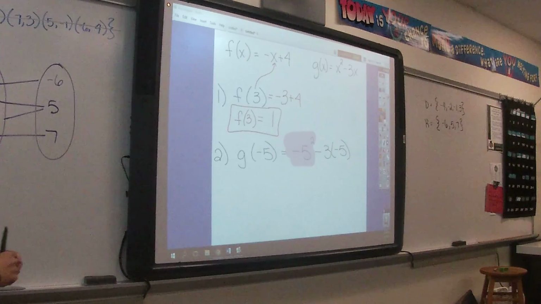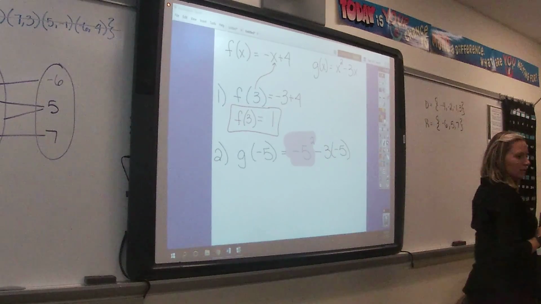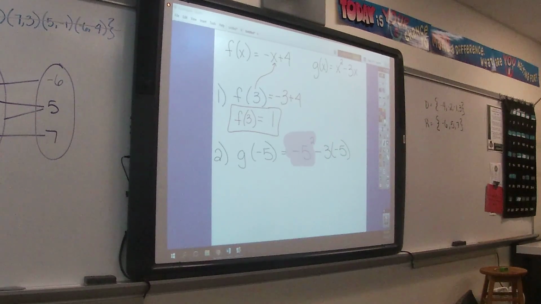And what do we get out? Negative 25. Is negative 5 squared negative 25? Apparently not. What's negative 5 times negative 5? Positive 25. So why is our calculator saying negative 25?